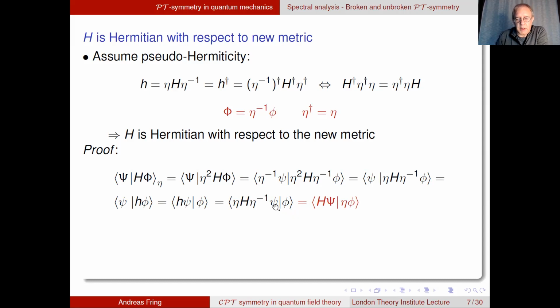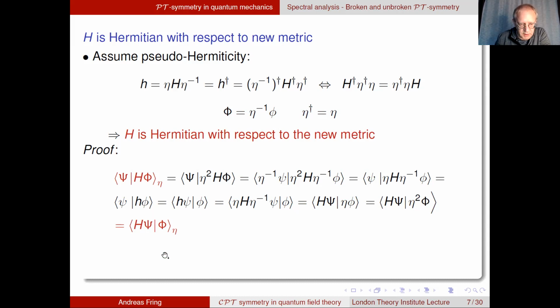And also I replace eta^-1 acting on small psi by capital psi, which is an eigenfunction of the capital H. And now I replace also the small phi by eta capital phi, and then I obtain here an eta squared. And that's just the definition of our inner product.